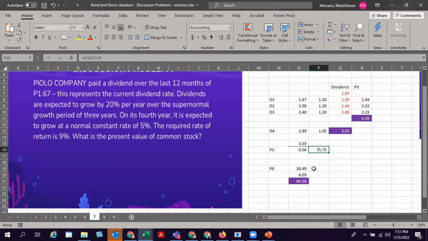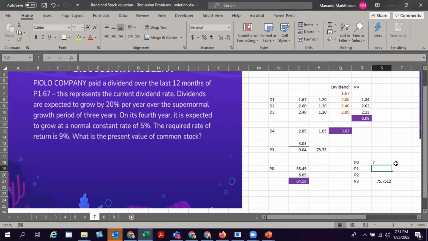Now, we have the price at P sub 3. Just to help you understand better, we have P sub 0, P sub 1, P sub 2, P sub 3. Notice, class, P sub 3 is what we computed, and that's 75.75. The problem requires the present value, meaning the value right now, so we're looking for P sub 0.